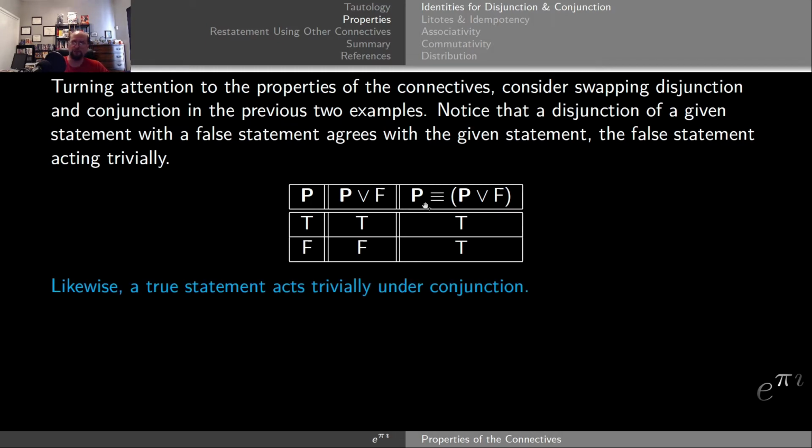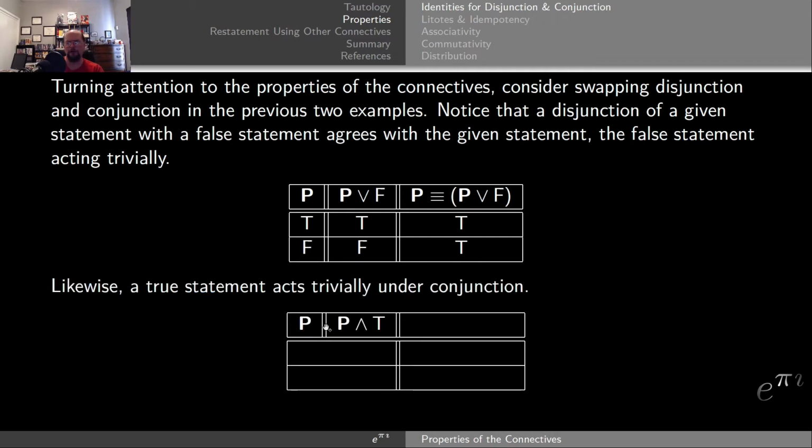And the same is true if you have a true statement under a conjunction. Let's look at that. If you have a proposition P, and you take P conjunction with something that's true, well, if P is true, true conjunction with true is true. On the other hand, if P is false, false conjunction with true also yields false. Thus, you look at these two, and I look now at the equivalence. True is equivalent to true, so that gives me a true statement.